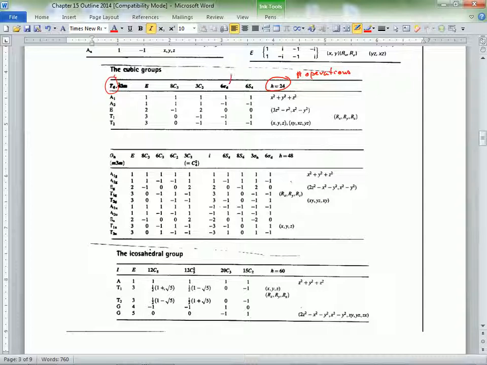One other thing we should notice is sigma d. We've talked about sigma v, a reflection that contains the principal axis. We talked about sigma h, a horizontal reflection that's perpendicular to the principal axis. And now there's a sigma d. There it is, on page 429.